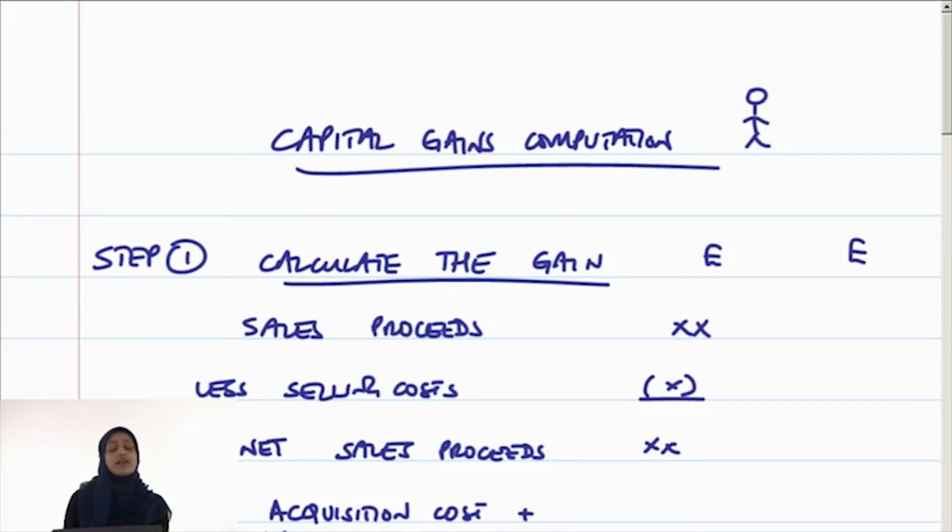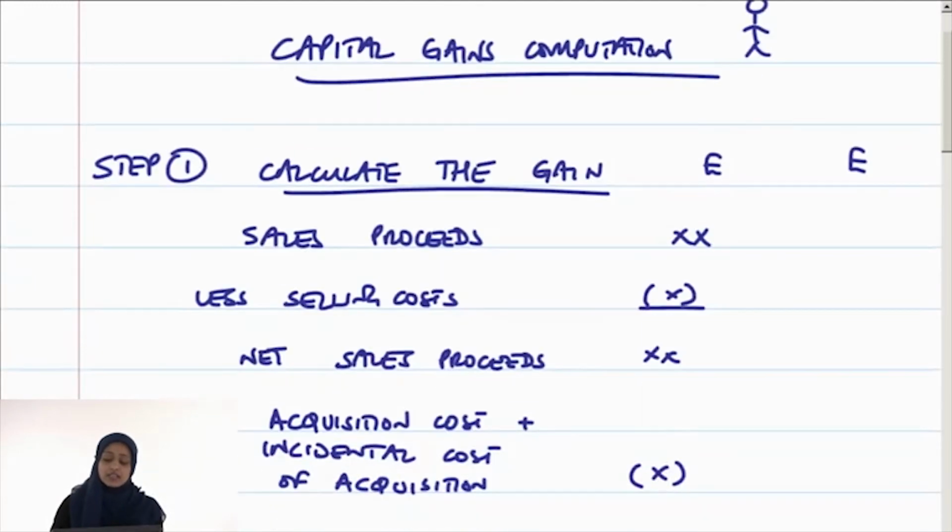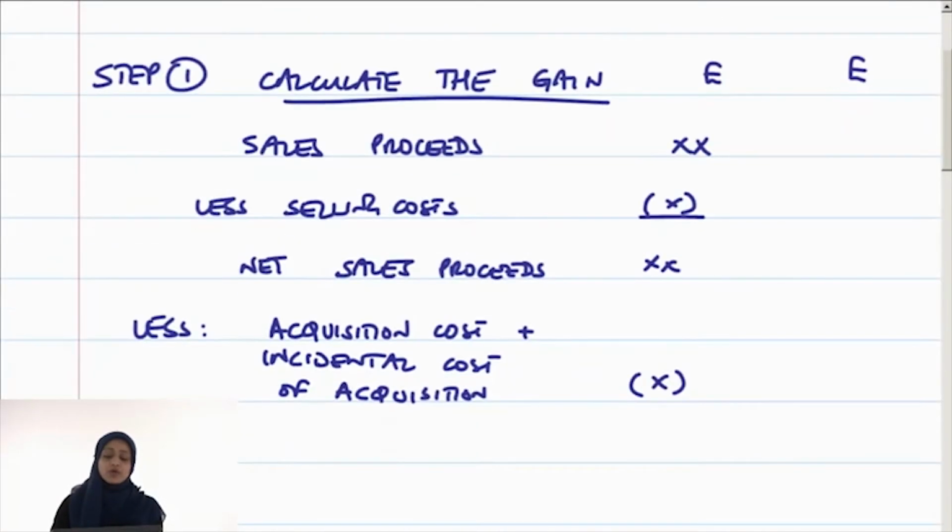When we prepare the capital gains tax computation for individuals, the first step is to calculate the gain. The gain is calculated by taking the sales proceeds, which is the disposal proceeds, less any selling costs. Selling costs are basically any cost that the seller may have incurred to sell the item, for instance, legal and professional fees.